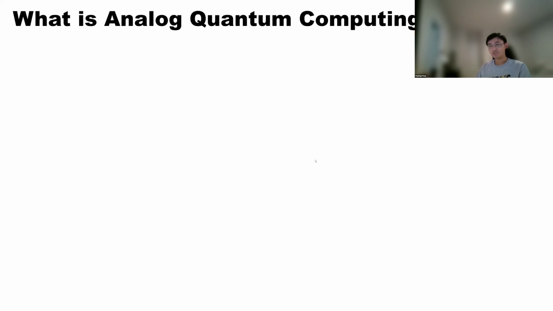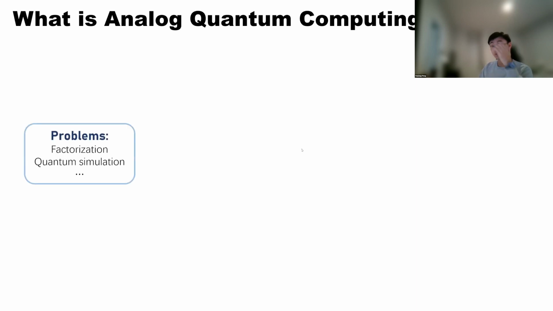Okay, so motivation. What is analog quantum computing? It may seem kind of weird to discuss analog things for quantum computing given the current development of how people learn about computing and quantum information.